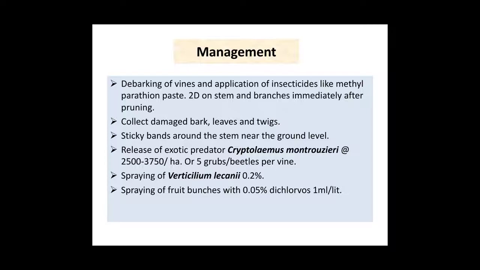Then also spray Verticillium lecanii 0.2%. Then spray the fruit bunches with 0.05% dichlorvos, 1 ml per liter. So this is the control measure for the mealybugs of the grapes.